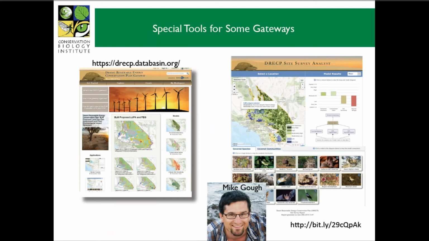And so Mike Goff, who's the GIS analyst who works at CBI, put together a site survey analyst where you could actually look at the intactness of that area, and this is the map that you can see in blue and green. Everything that's green has not been impacted by humans very much. Everything in blue can be urban or road or mining, something, or a solar development. So it gives you an idea of how fragmented the area is.